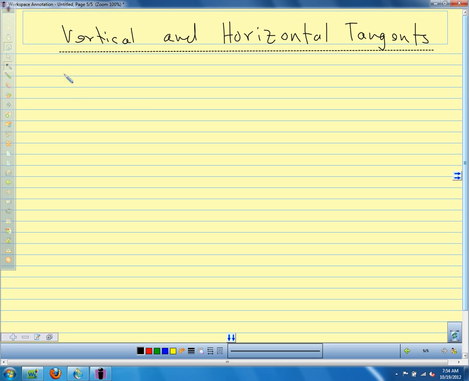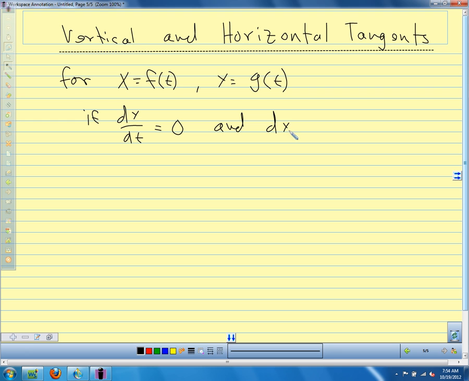So we have parametric equations for x equals some function f of t, just like before, and y equals some other function g of t. If dy/dt equals 0, and dx/dt does not equal 0, what kind of tangent line do you think that's going to give us?